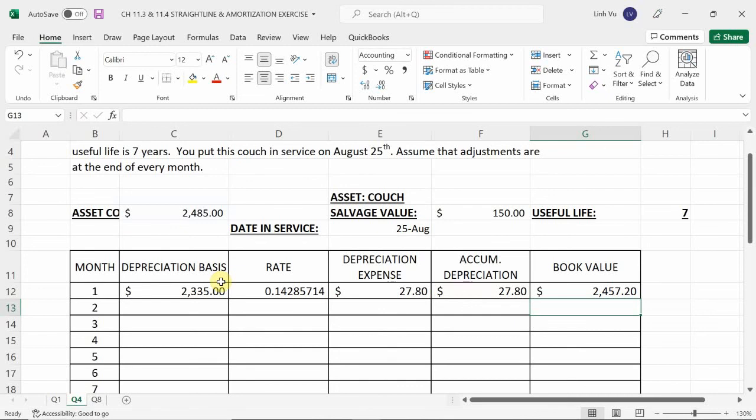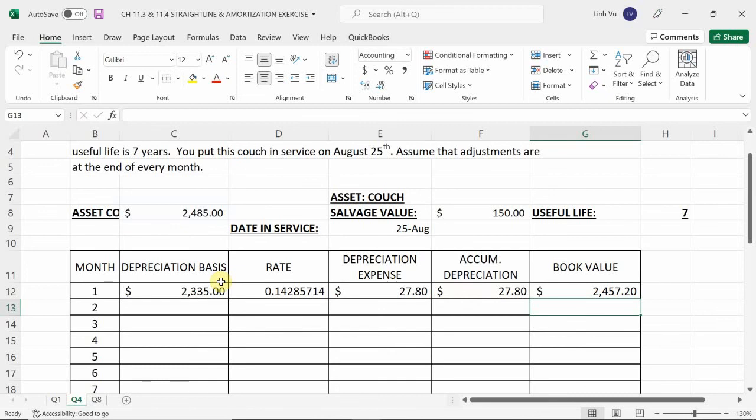How can it still be $84 if you subtracted $27? It's not $2.78, it's $27.80.